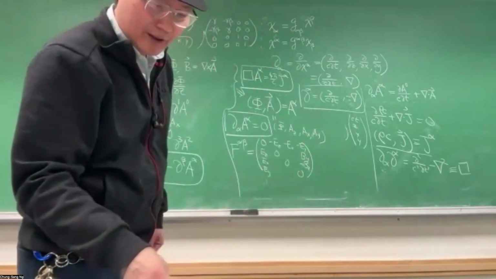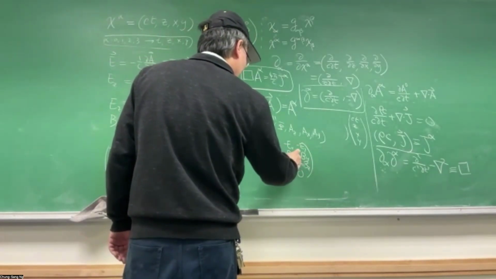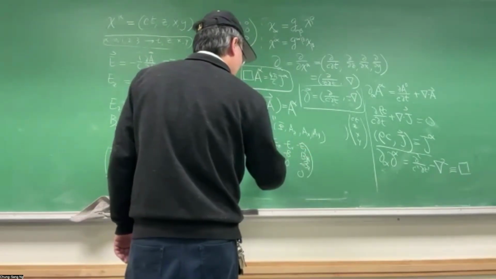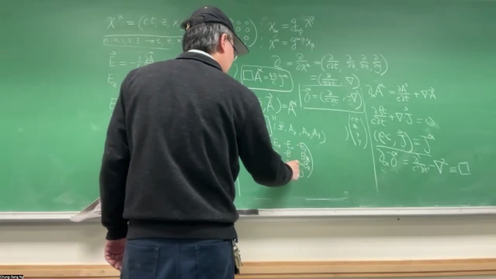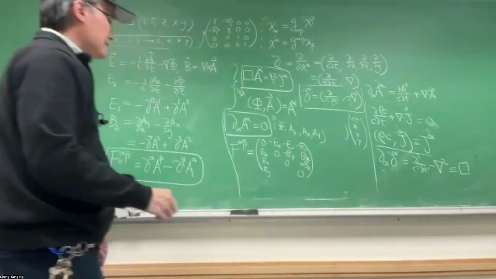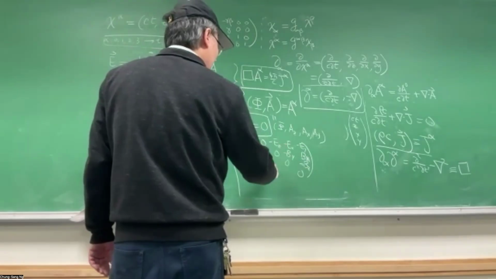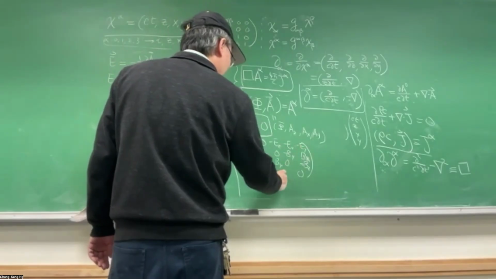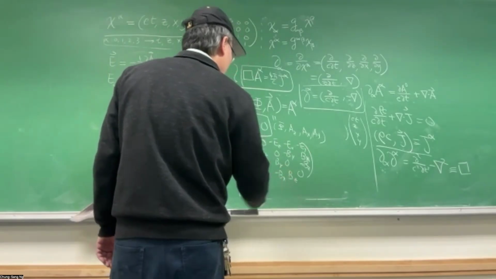So I just fill these in: the XY, the YX, BX, and so on. Likewise, this is minus Y, so this is BY, or you can just do minus BX.